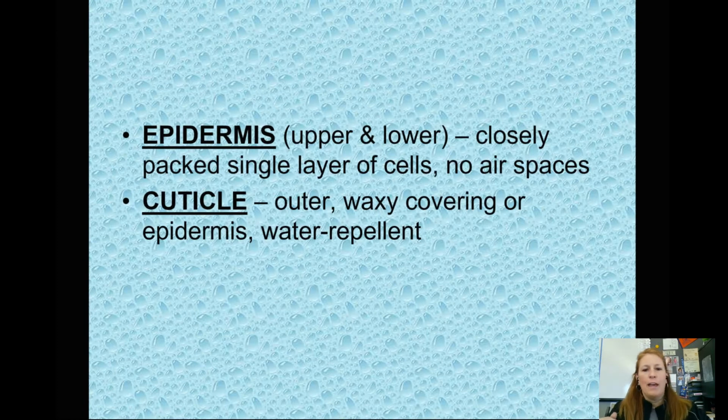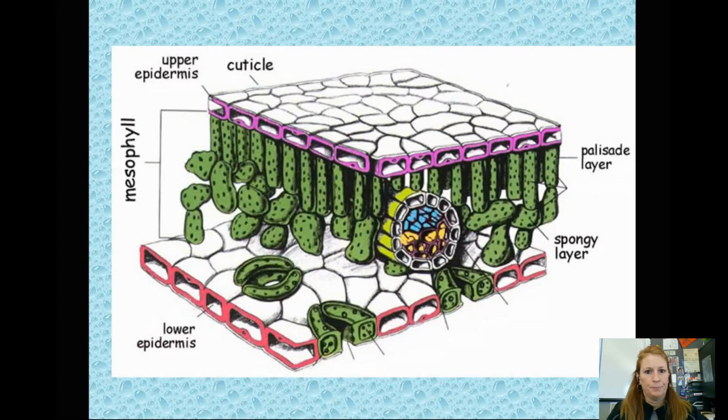On top of that is the cuticle, a waxy covering. It helps reduce water loss. A way to think of that: the epidermis would be like your lips, and when you put chapstick on, that would be the waxy covering to prevent it from drying out. So in a plant, you have the epidermis, and on top of that, the waxy covering is the cuticle.